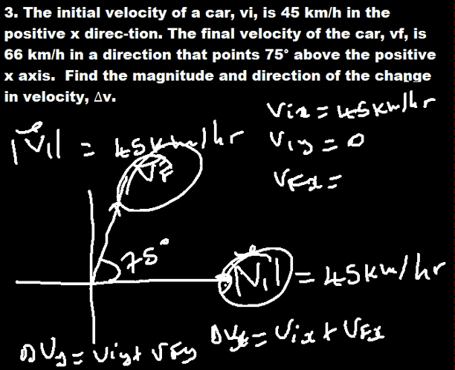Hence we'll have it as positive, and that is positive 66, the magnitude of the final velocity, times cos of the angle 75.